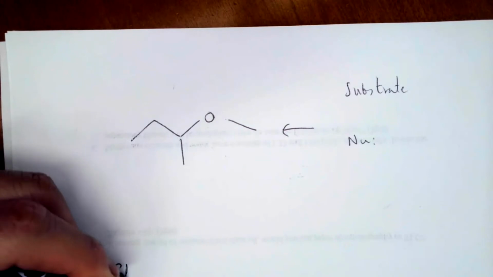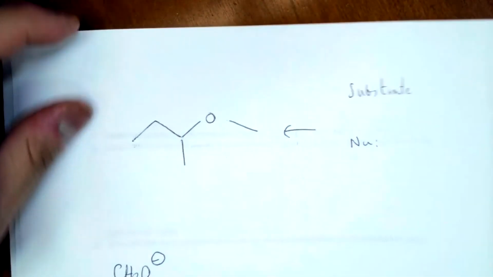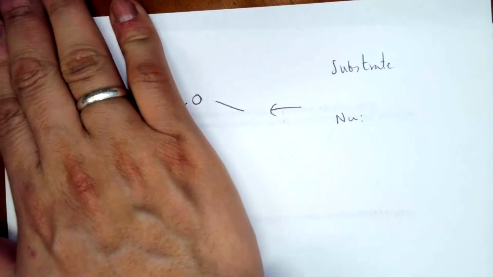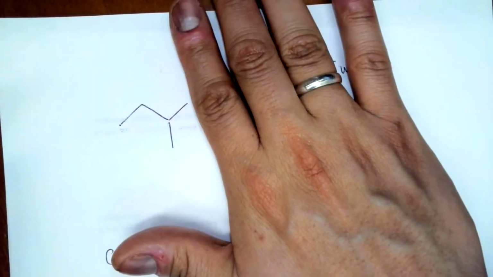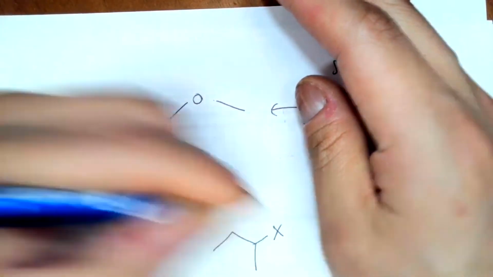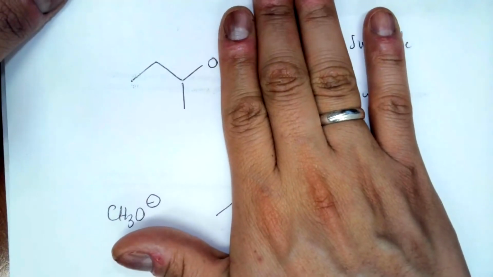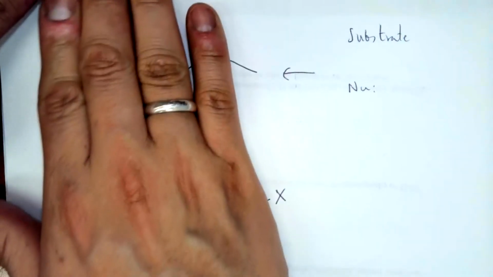Let's do it: CH3O minus, that is that, and my other option is this molecule with minus. If this one is my alkoxide, that means this one is my alkyl halide. If this one was my alkoxide, that means this one is my alkyl halide for the second case.